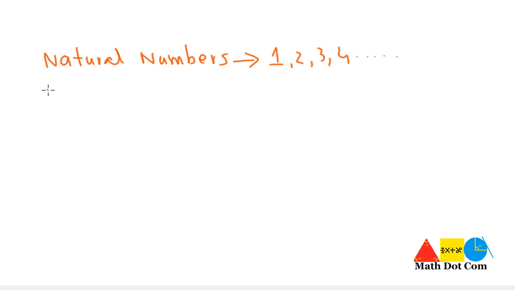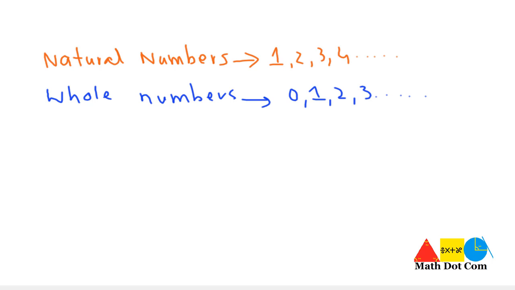Then we have the whole numbers: 0, 1, 2, 3, and so on. It means a whole number has an extra number, 0, as compared to the natural counting numbers.